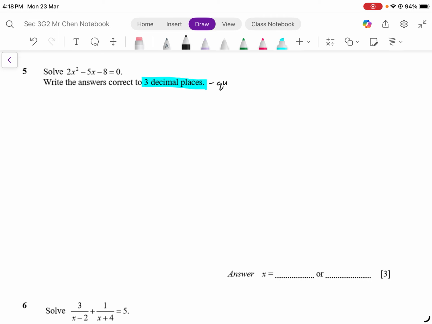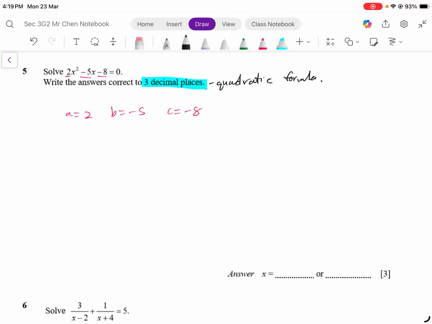So this is quadratic formula. Alright, so from here, your A is 2, B is -5, C is -8.